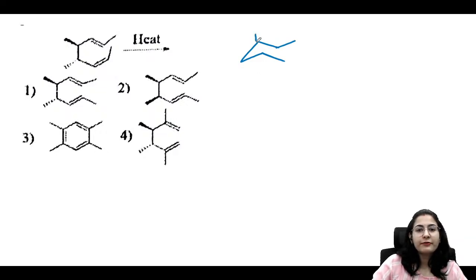All right, we have actually got two possibilities over here. क्योंकि ये दोनों methyl क्या है? These methyls are trans. So what are the two possibilities? I can keep the methyls on the diaxial position in the chair conformation. ठीक है, this is going to be trans alkene and this one is a cis alkene.